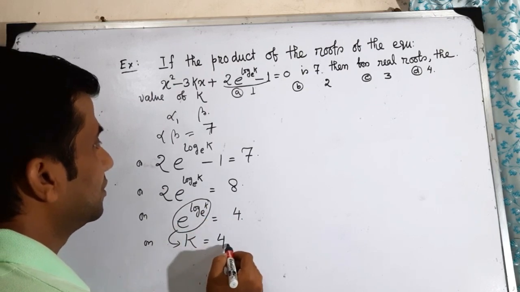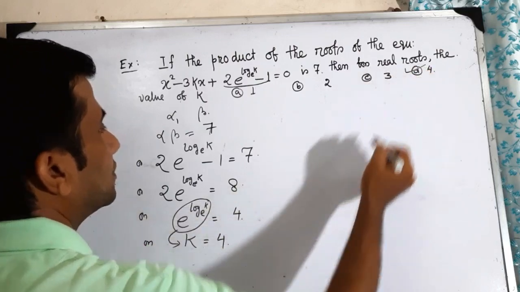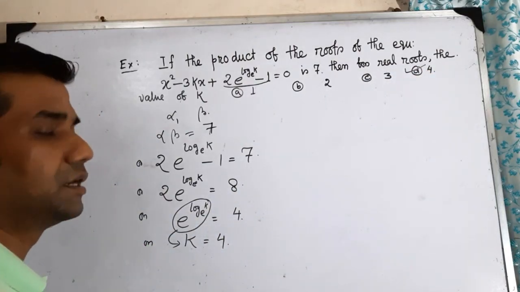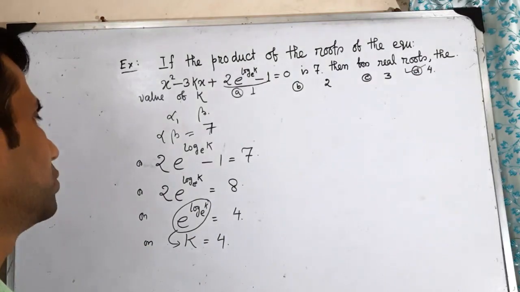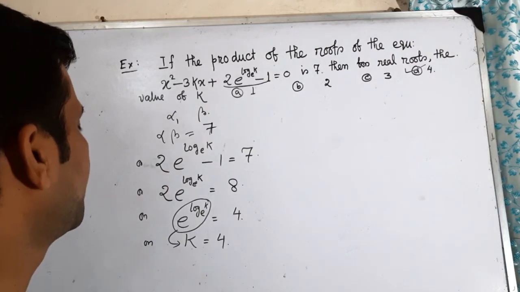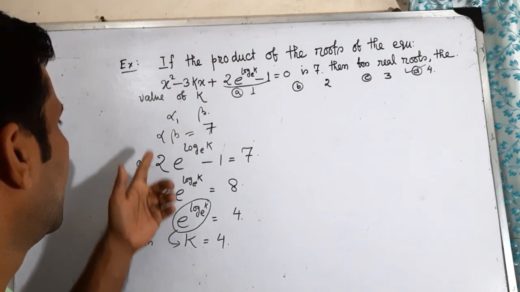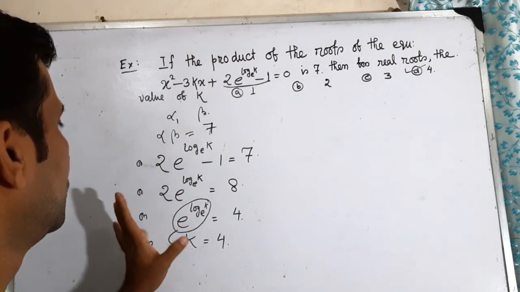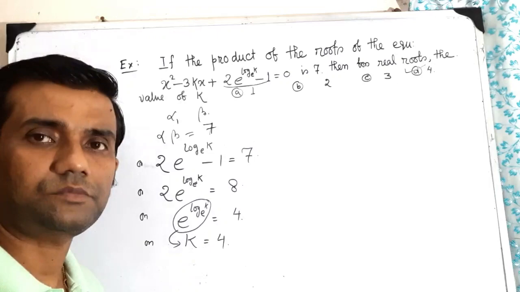Then k is 4. Then your answer is 4. Then 4 is the correct answer. This is the most simple sum. What I think is you can surely do this sum in this way. Okay.